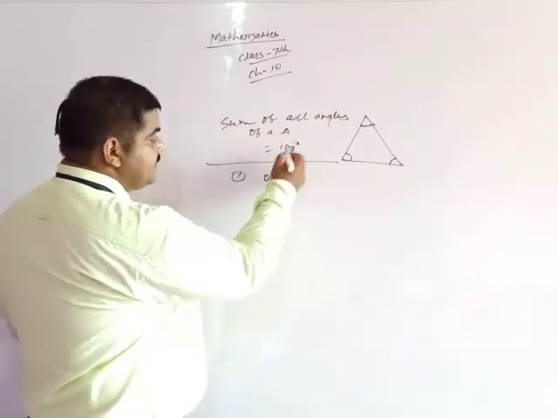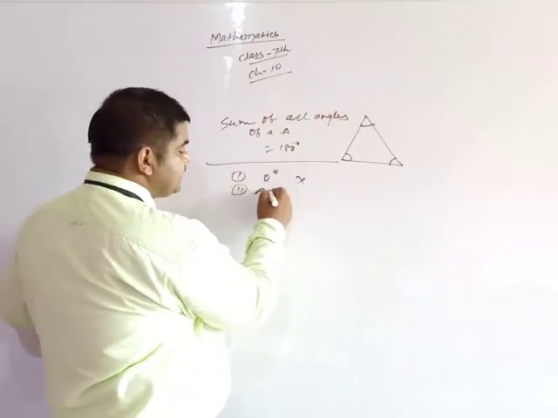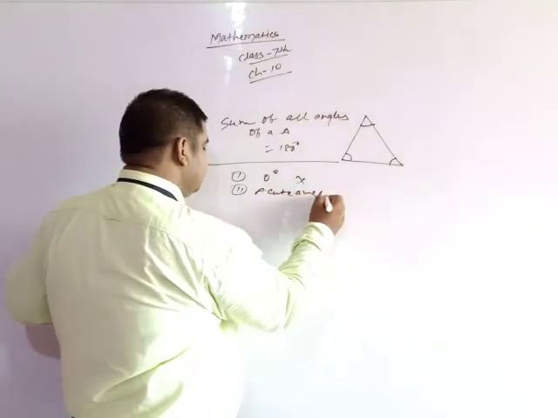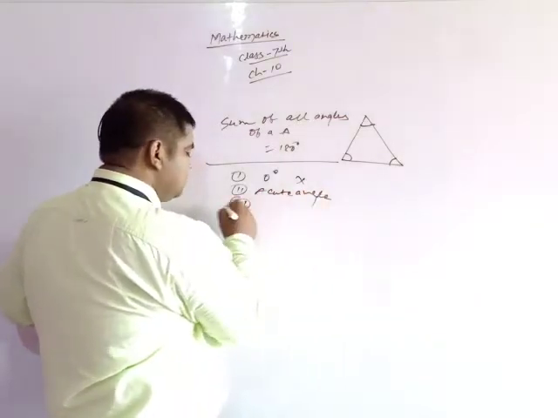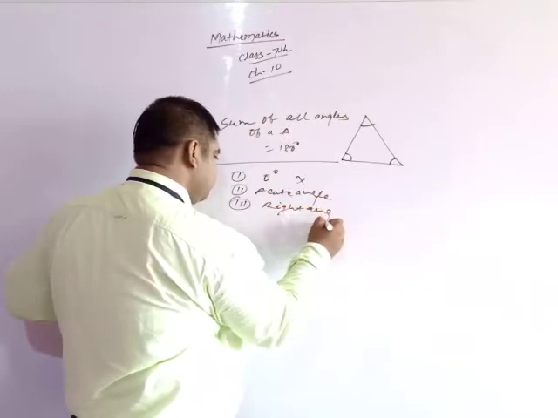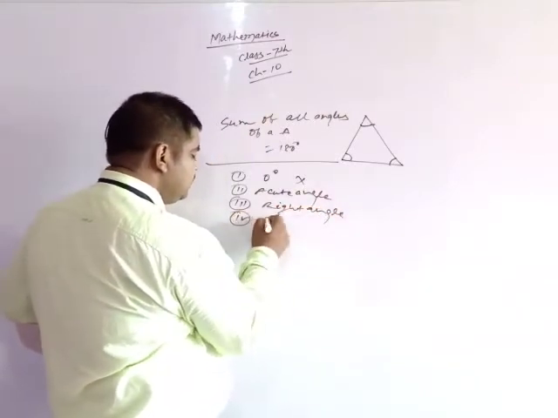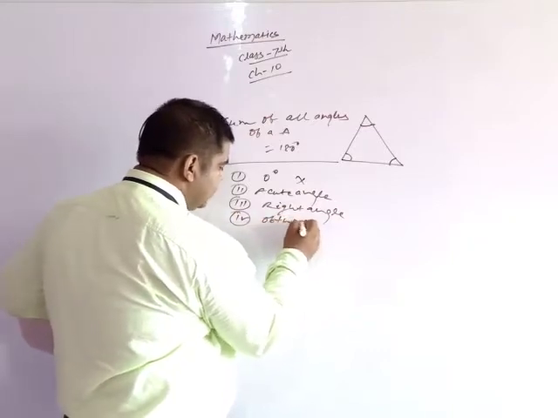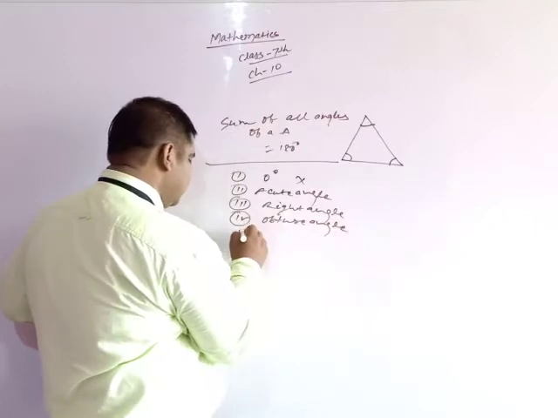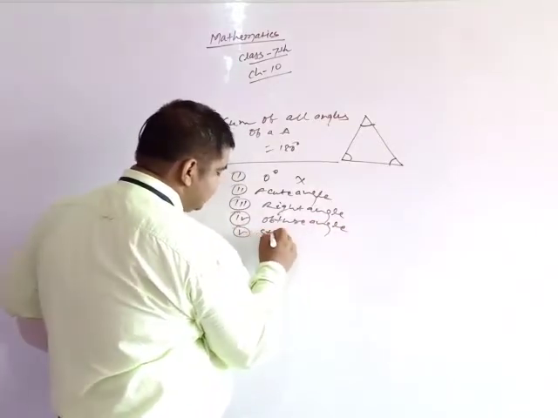Then the second possibility is acute angle. Third, right angle. Fourth is obtuse angle. And last, fifth, is straight angle.